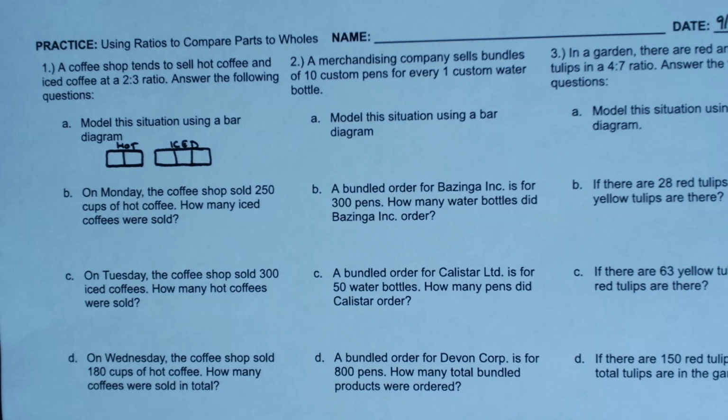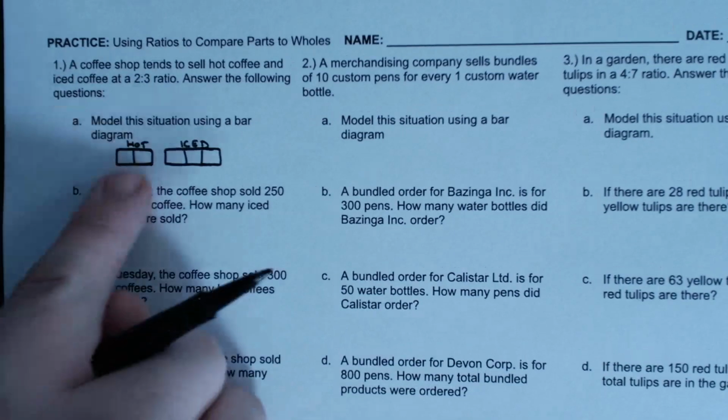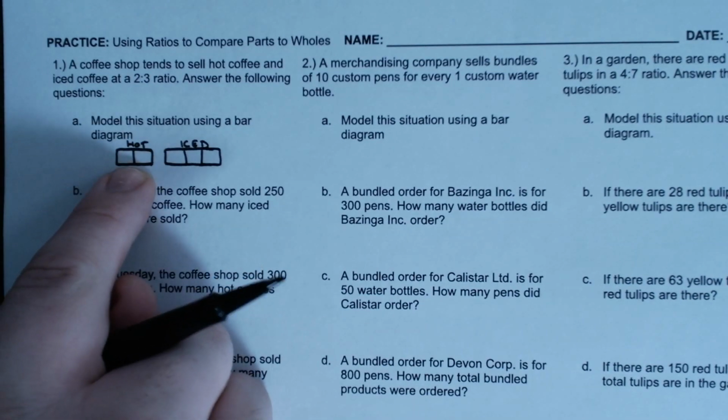So this paper is going to ask us a lot of questions about each of these models. B, on Monday, the coffee shop sold 250 cups of hot coffee. How many iced coffees were sold? Okay, so if hot coffee, those 2 blocks total to 250, how many hot coffees go in each block?